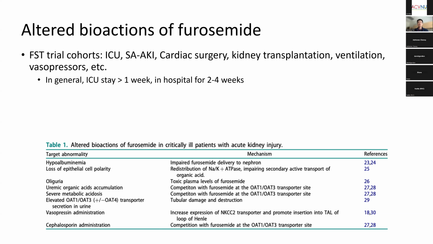These patients are septic, with associated AKI, patients who underwent cardiac surgery, patients that had a history of or have received kidney transplantation, or the patient is polytraumatized, or on ventilators or vasopressors. So despite all those illnesses in the patients included in this cohort, the value of the furosemide stress test as a predictor, despite these altered pharmacokinetics, seems to be still very predictive and performed well.